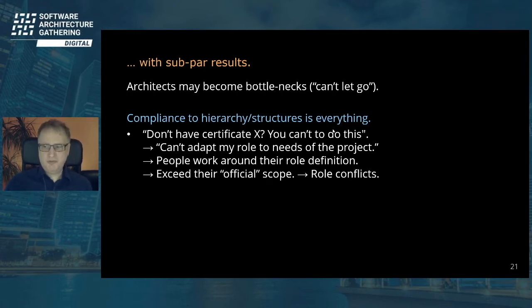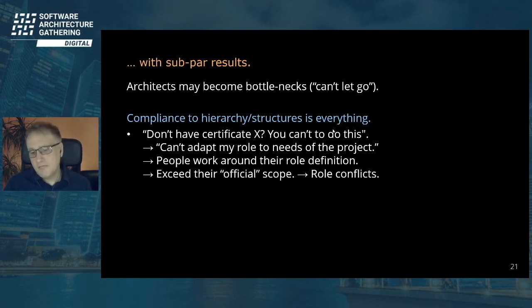They see the problems that arise, they want to solve the problems, and they are not allowed to work on these problems. You don't have this certificate or this accreditation. Yeah, you can't work on this. It's not your job. So what it leads to is that people get frustrated. They cannot adapt their role to the needs of the project. They know what has to be done, and they are not allowed to do this.